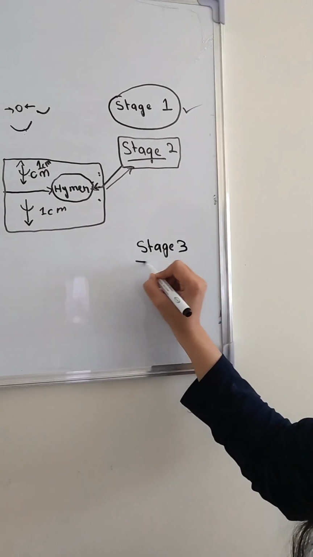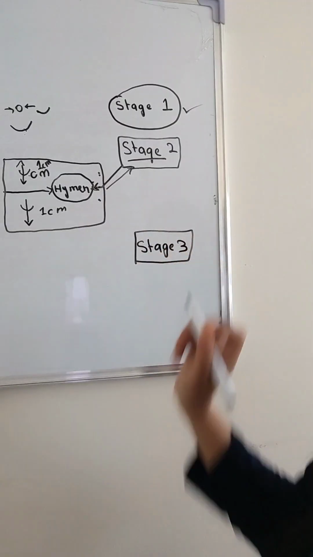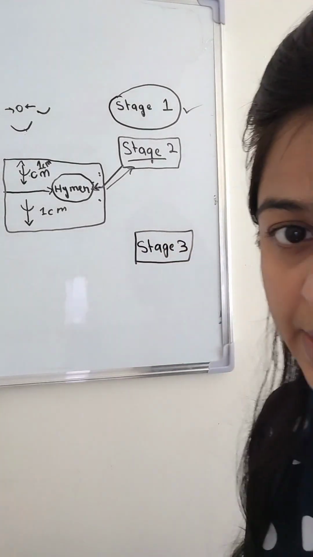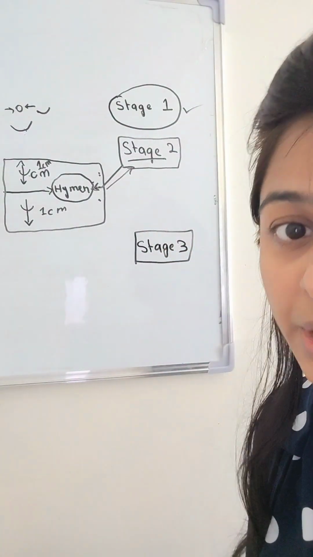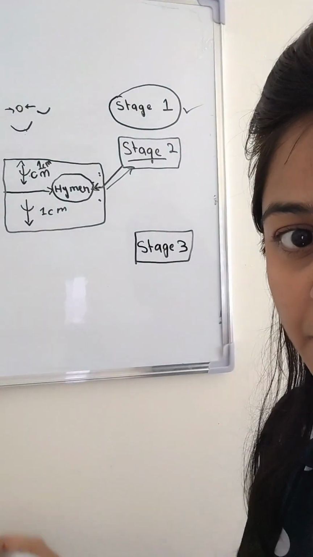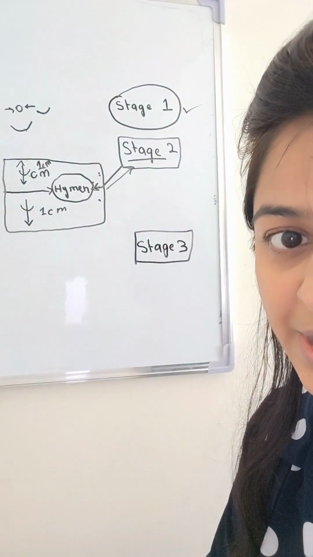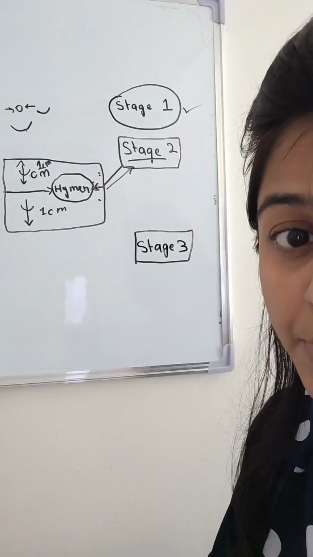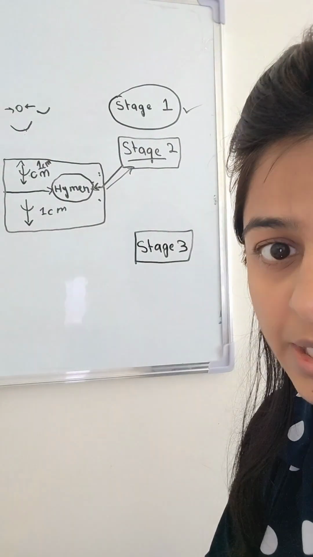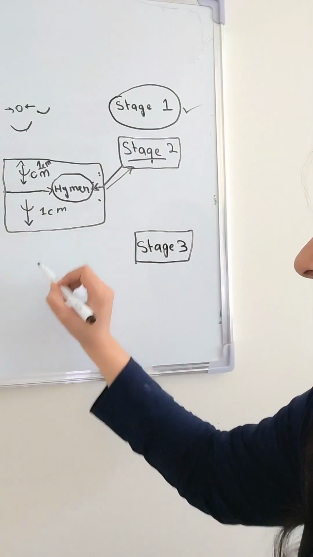3. Stage 3. What is stage 3? Now the prolapse has crossed the 1 centimeter below. The prolapse is more than 1 centimeter past the hymen, but it is still not fully out.